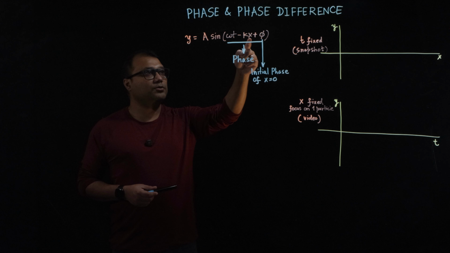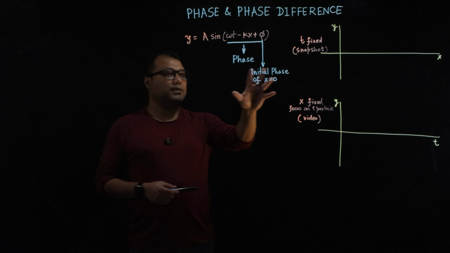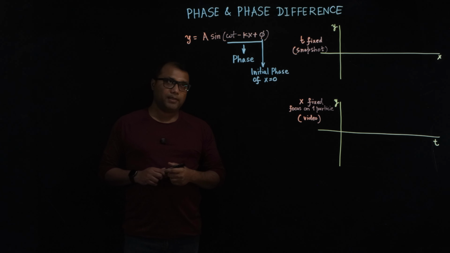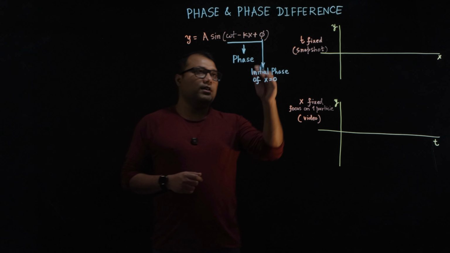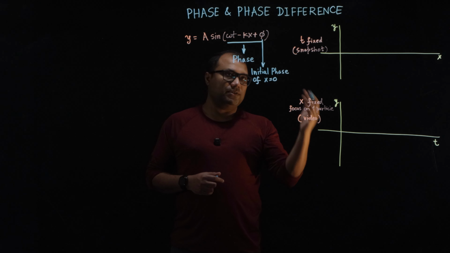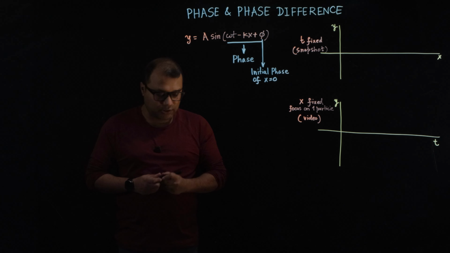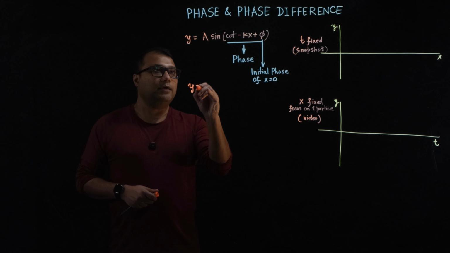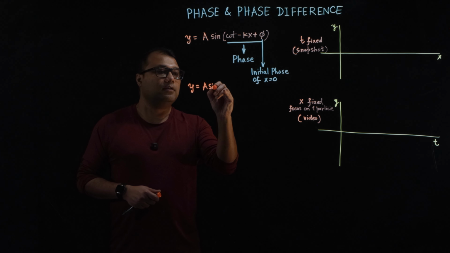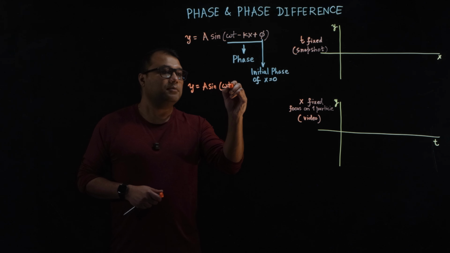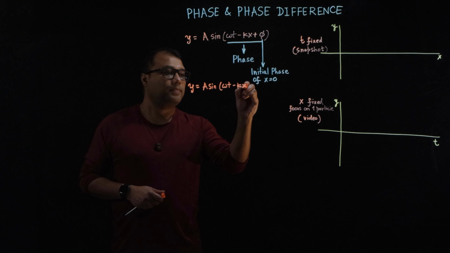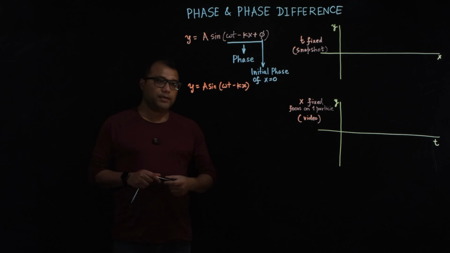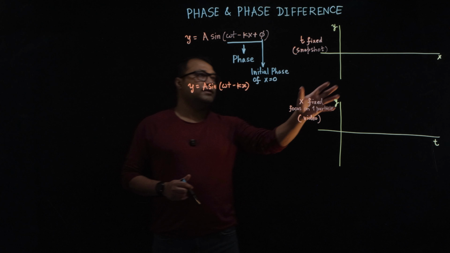If you put x equals 0, t equals 0, so that's why it's called the initial phase at x equals 0. Okay. Most of the time we will assume the initial phase to be 0. So this function will then reduce to y equals a sine(omega t minus kx), assuming that the initial phase is 0.